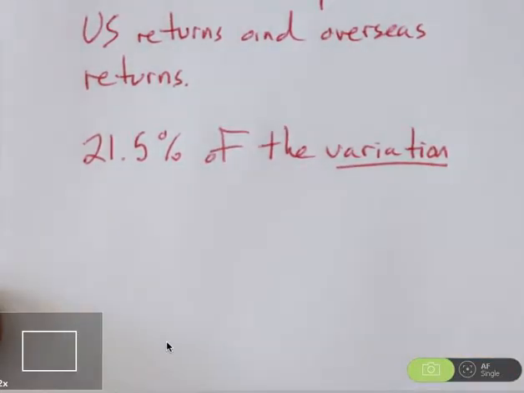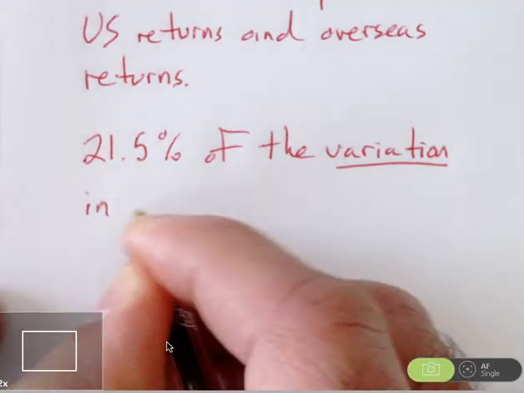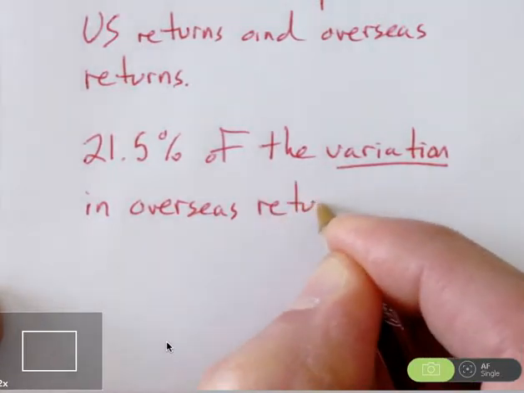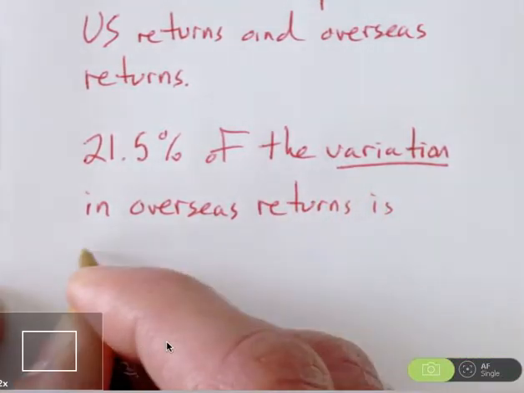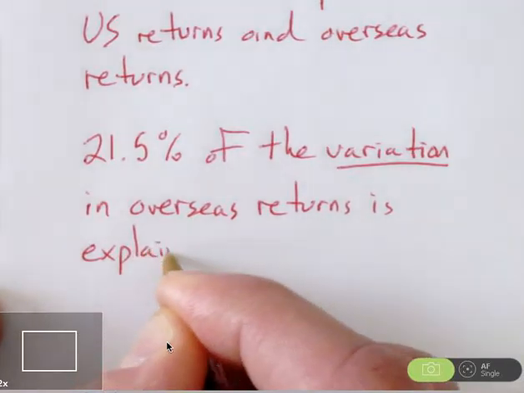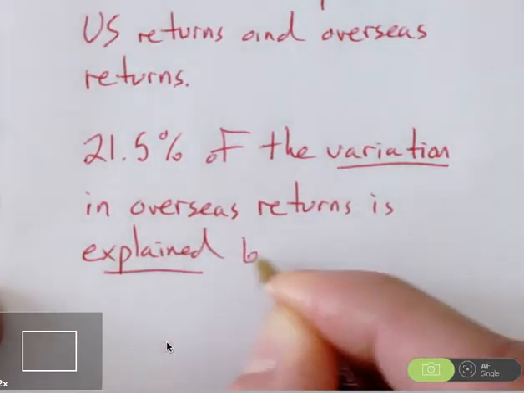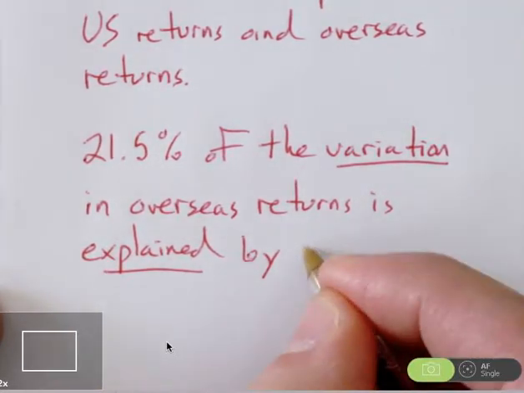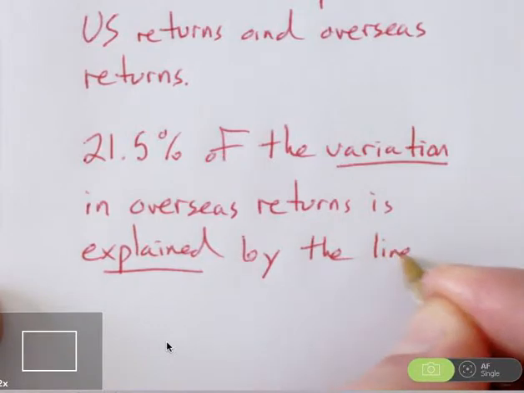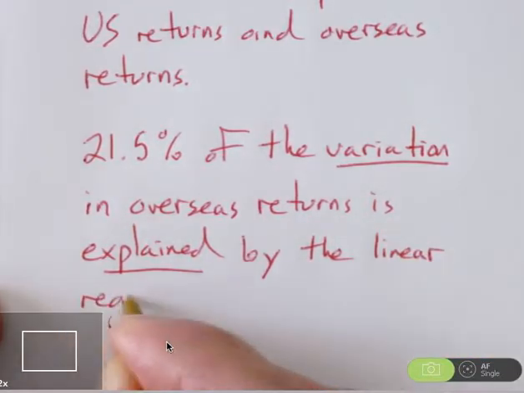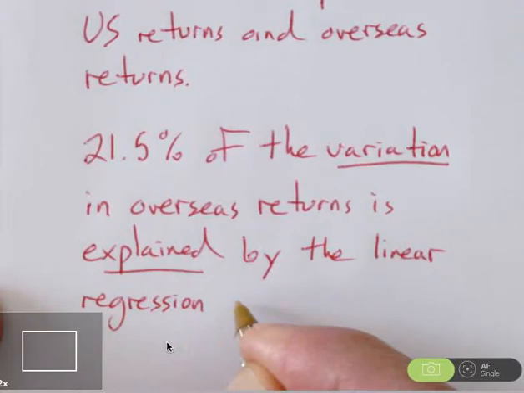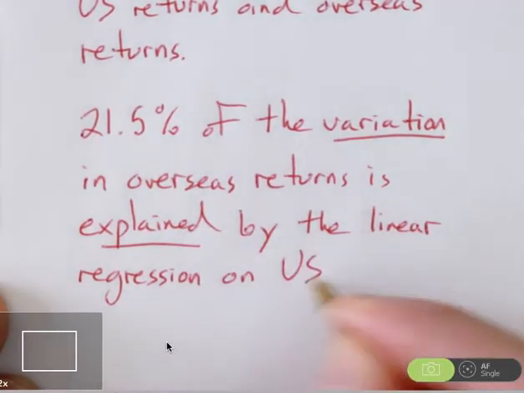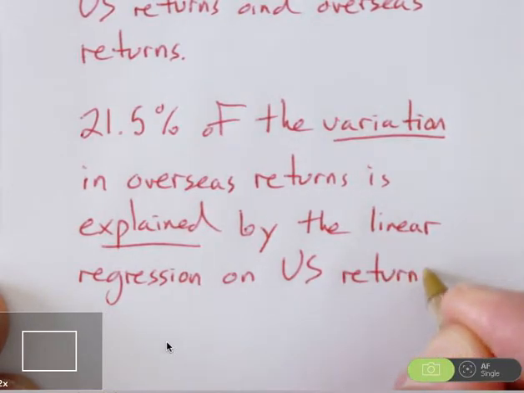So 21.5% of the variation in overseas returns is explained by the straight line relationship or by the linear model. I tend to write by the linear regression on the explanatory variable. The explanatory variable is US returns.